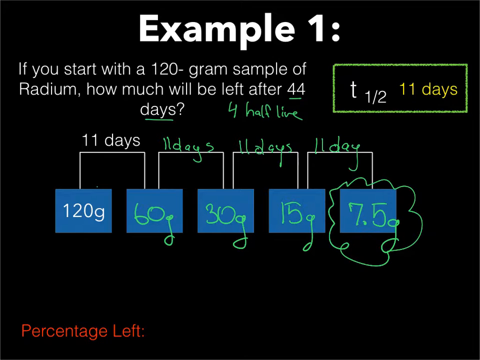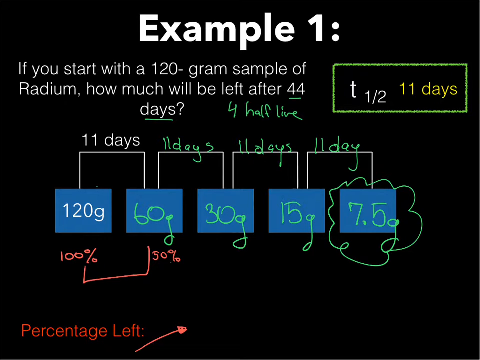If you look at the bottom, sometimes the answer asks you to calculate what percentage of radium you will have left after 44 days. The way that you can calculate this is we can think of our graph from our previous video. Initially we are starting with 100% of our sample of radium, and going from here to here, we're going to end up with 50%, because it's exactly half of what we started with.